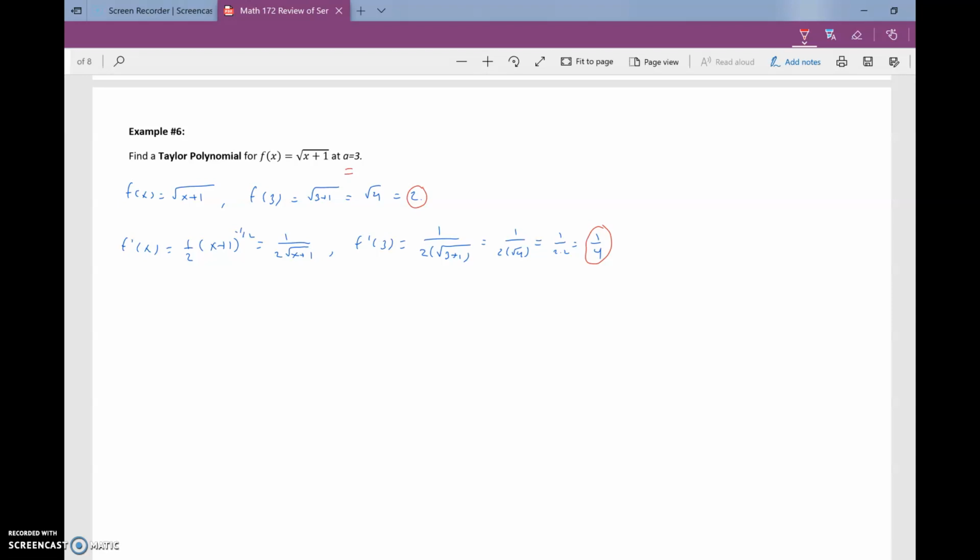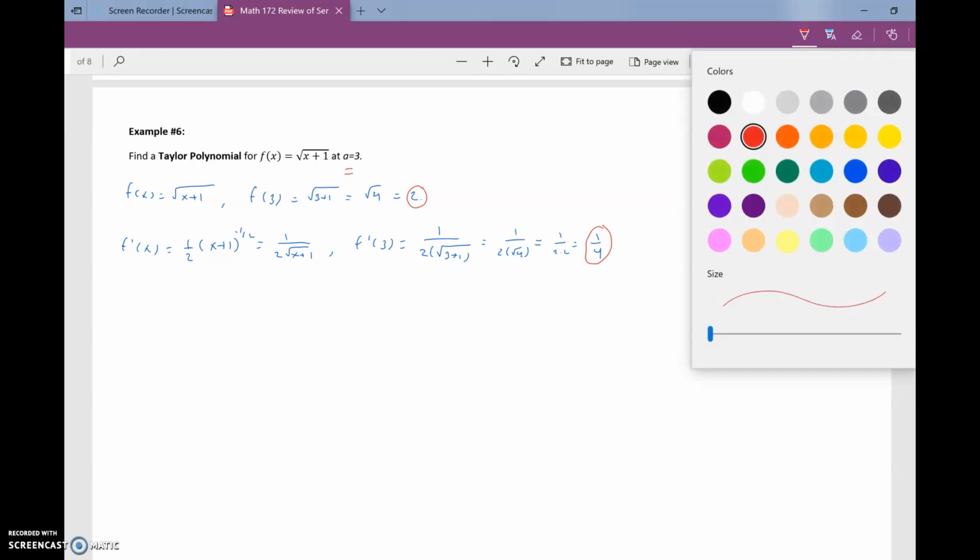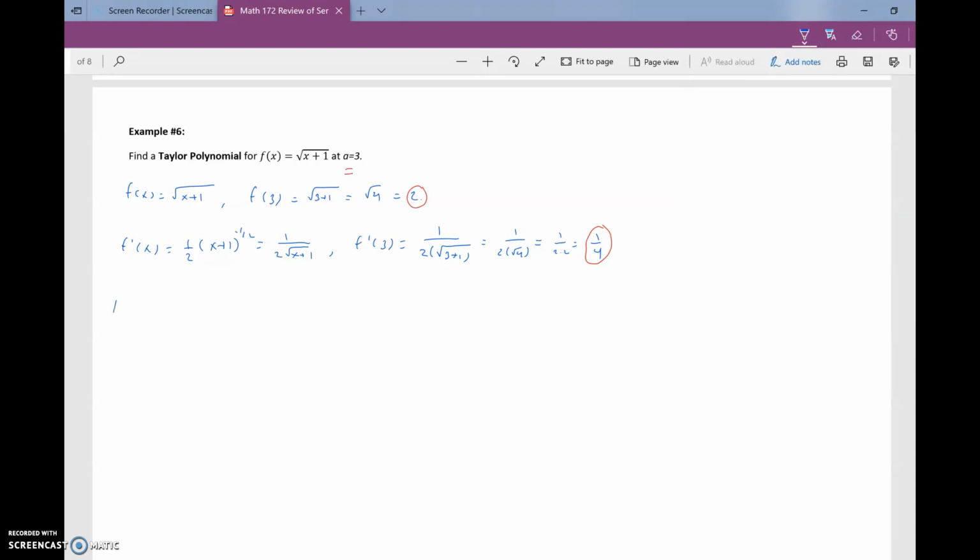Next term, we're going to do a second derivative. So this will be f double prime of x. And we're looking at, well, we already have the 1/2, and then (x plus 1) to the negative 1/2. And this is where we're going to be taking the derivative. So this is going to be negative 1/2 times 1/2 times (x plus 1) raised to the negative 3/2, since you have negative 1/2 minus 1, which is negative 3/2.